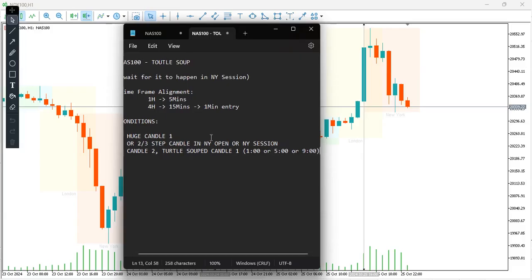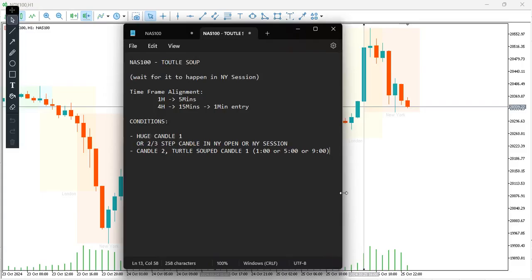If you get a candle not in that time, it has to be in a key level. It turtle soups candle 1 in a key level. And what are the key levels?